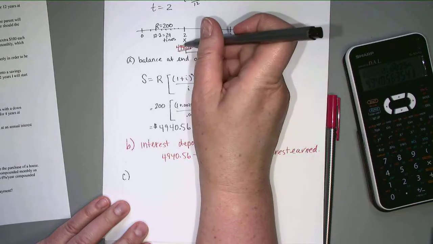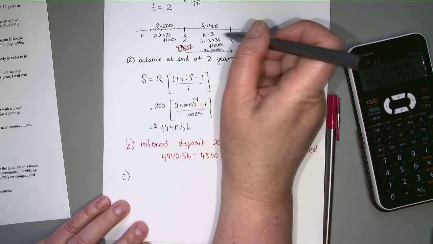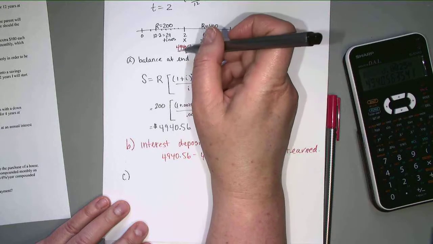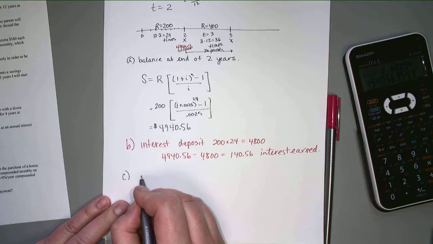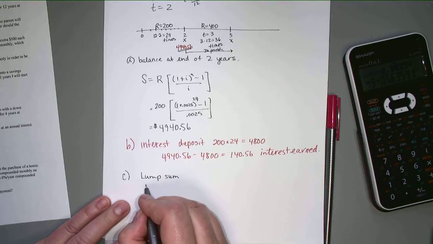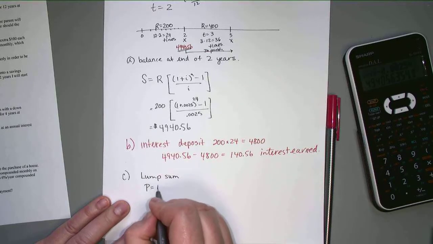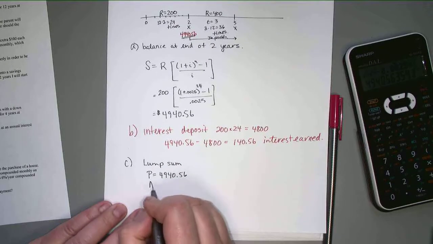You don't add payments on to a previous balance. The payments, you kind of think of it as starting at zero, and this one is earning interest at the same time. So there's two parts to this. There is the lump sum that starts at $4,940.56 and is going to grow to be an accumulated value.